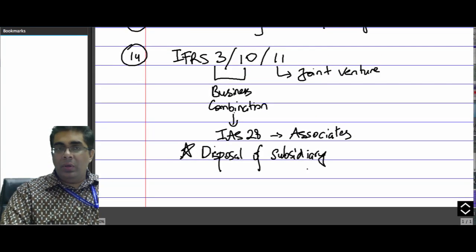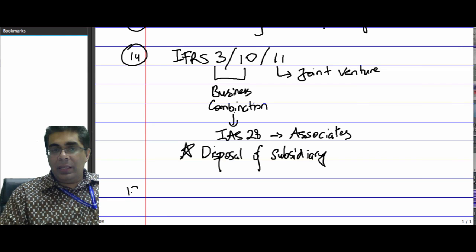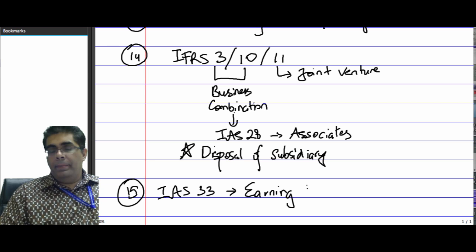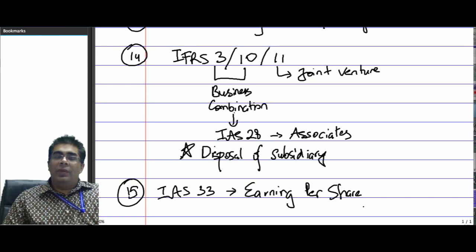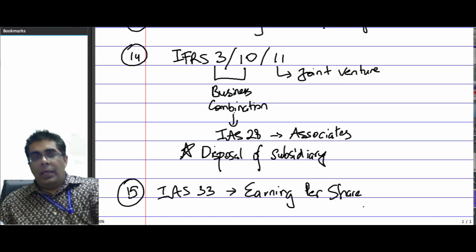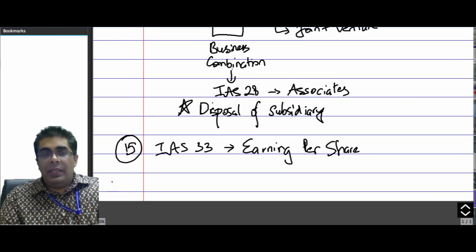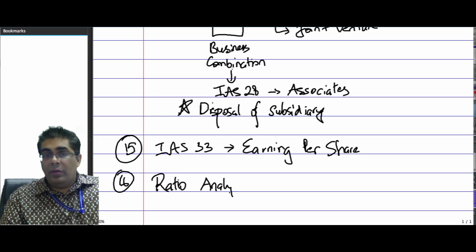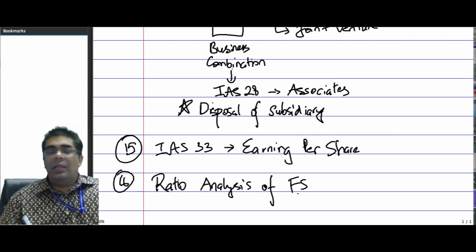There is one more called IS 33, which is your earnings per share. Okay, so we will learn EPS. And then after that, once you learn EPS, I will talk to you about your ratio analysis, because ratio analysis is a favorite topic of the examiner. Ratio analysis of all the financial statements.